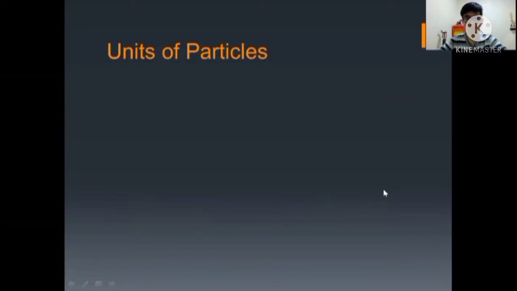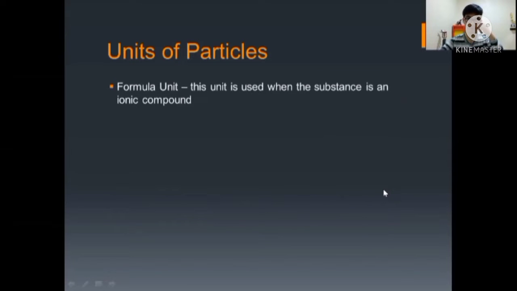Units of particles. Just like I said, there are 3 types of units of particles. The first one is the formula unit. This unit is used when the substance is an ionic compound. Maybe some of you don't know what an ionic compound is, so I prepared this.